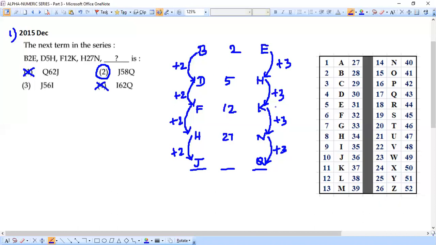Just by elimination itself, we'll be easily able to get the answer. So always, if you get these kinds of problems, try to do the problem piece by piece and simultaneously come to the options, eliminate the wrong answers, and then find the answer. That will make us reach the answer quickly also.